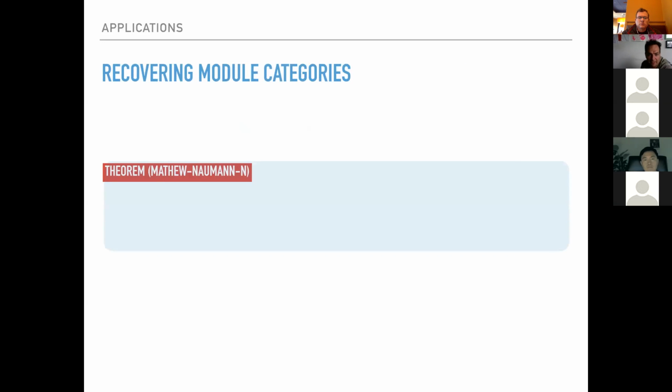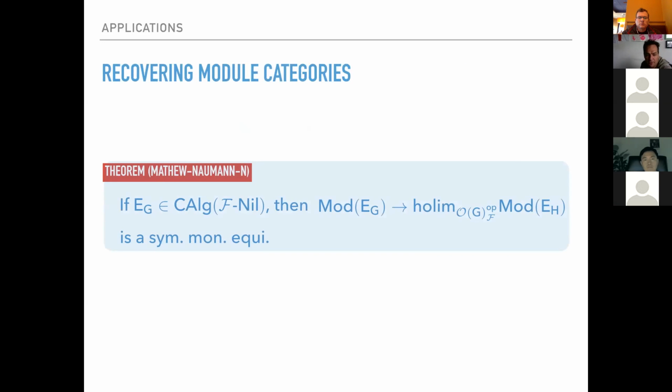This also can be lifted up to the level of module categories. So again, if I have a commutative algebra that's also F-nilpotent, then I can look at its category of modules. And the restriction functors induce maps to the module categories of the H equivariant subcategories. And this is in fact a symmetric monoidal equivalence.